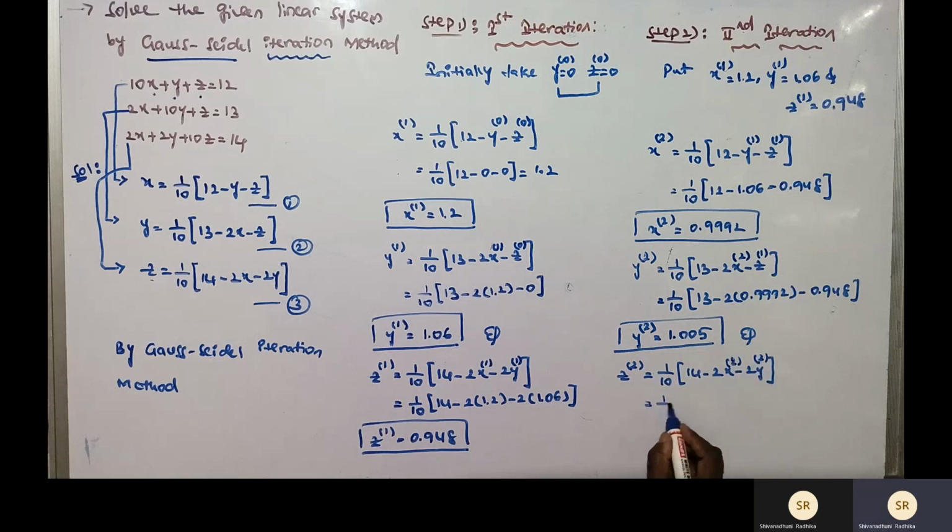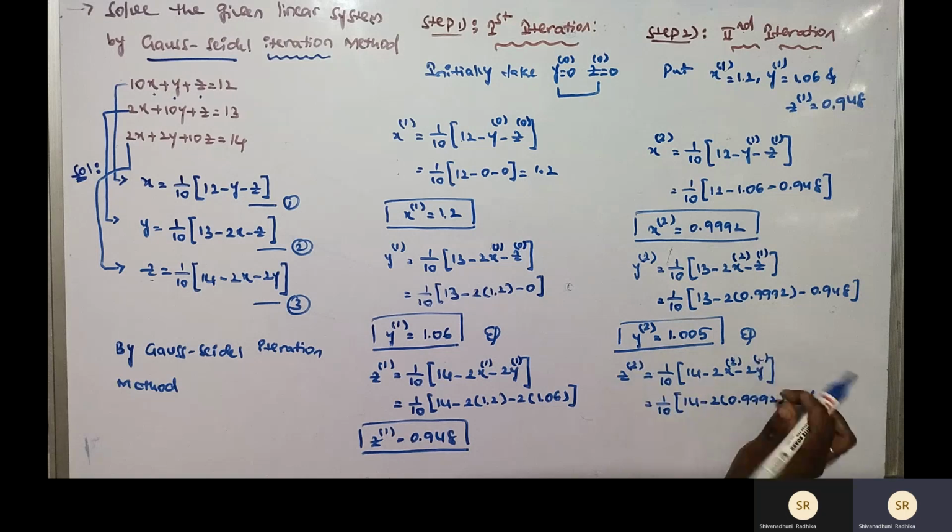So 1 by 10 into 14 minus 2 into x second approximation 0.992 minus 2 into y second approximation 1.005. Using the calculator, I am getting the second approximation of z is 0.999.